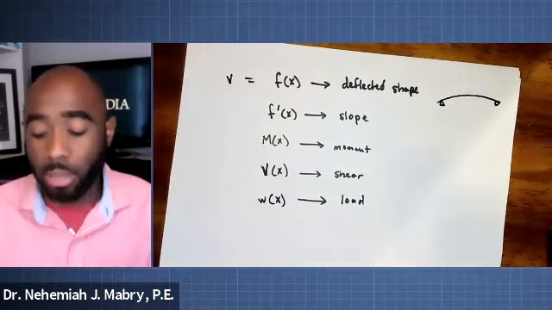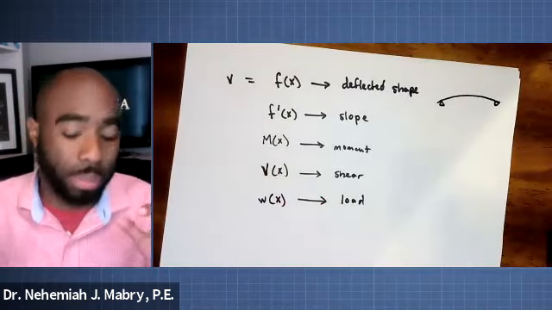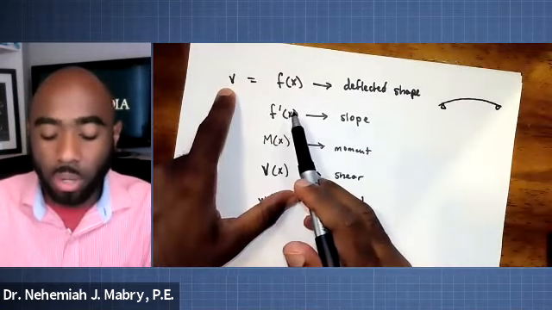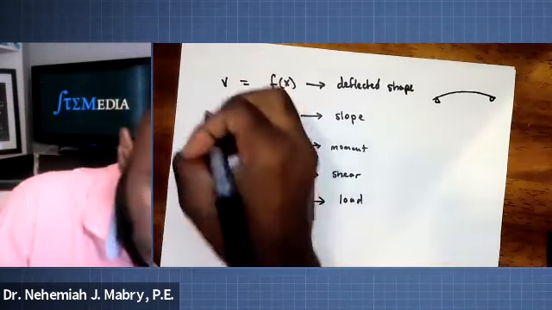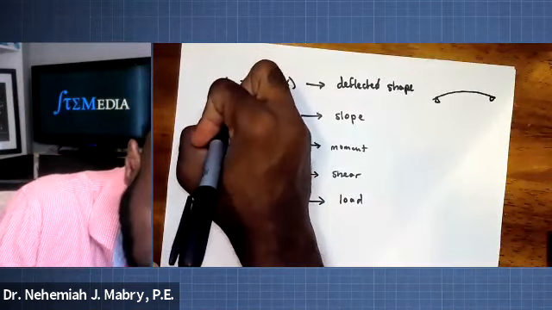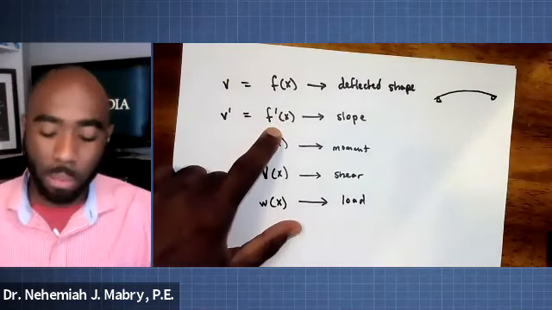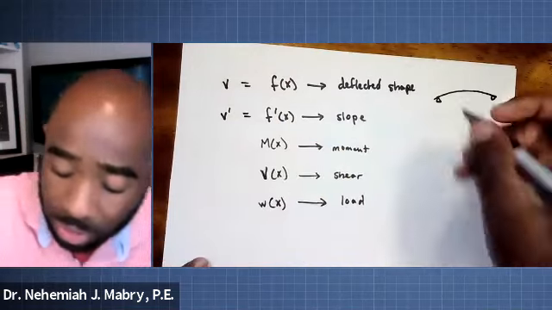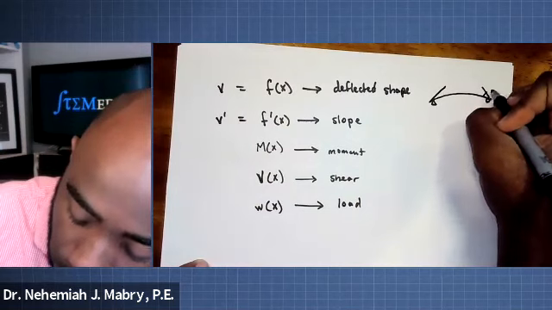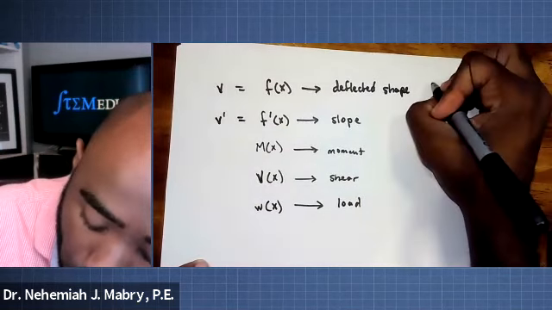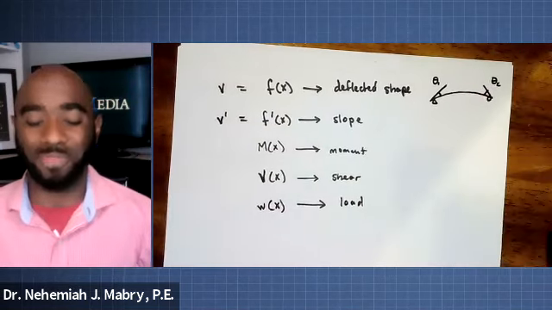So if we have an equation that represents how the beam is now shaped, we denote it as little v, a function of x. That is the deflected shape. If we take the derivative, v prime of x, that will give us the slope of that deflected shape. Y'all with me so far?